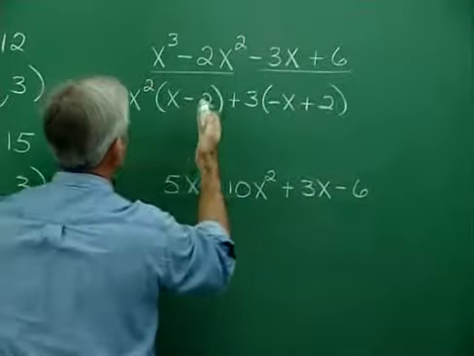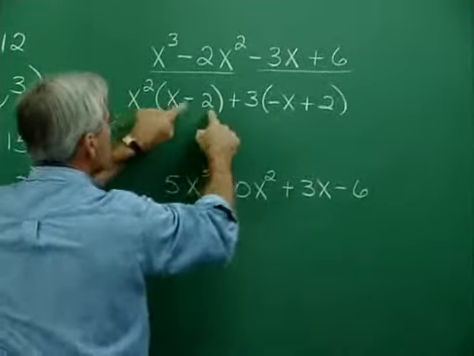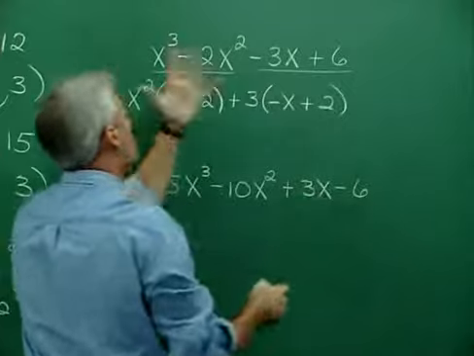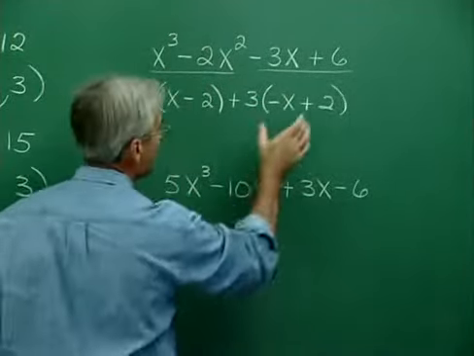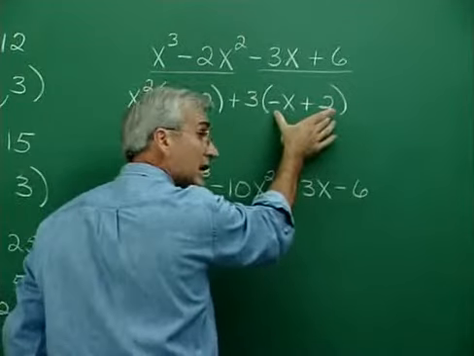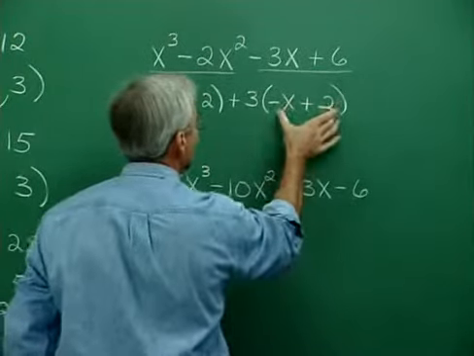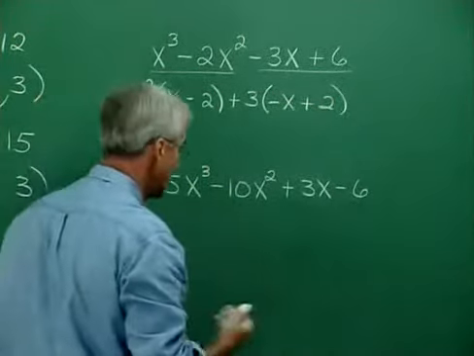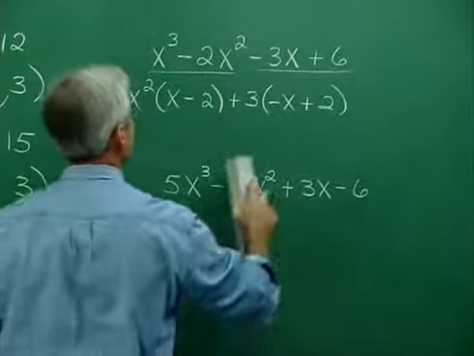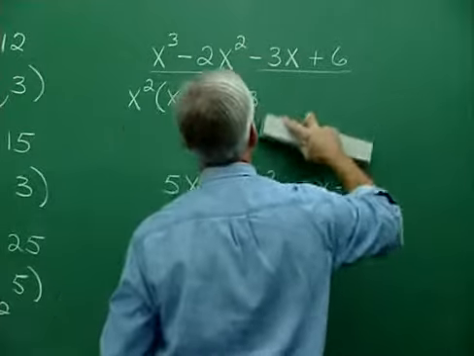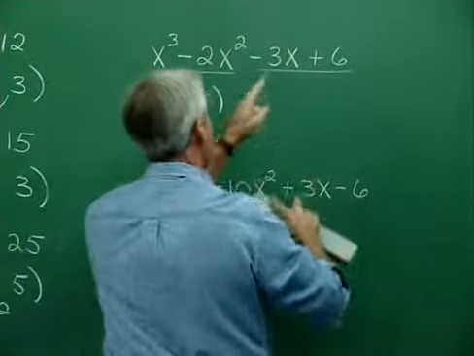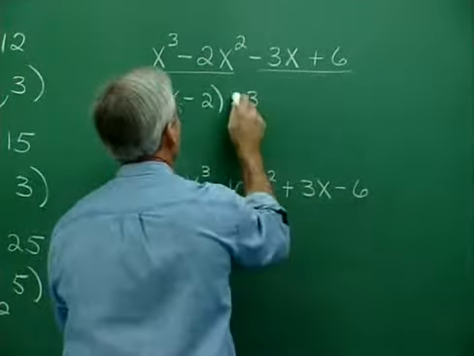Now look at these two. Oh, x minus 2 and minus x plus 2. Wow, what can I do to make those look alike so I can factor further? Well, if I can just get these two signs to change, then I'll have the same binomial in both of these terms. And I can accomplish that rather easily. All I needed to do was, instead of taking out 3 from these two terms, just take negative 3 out of them.